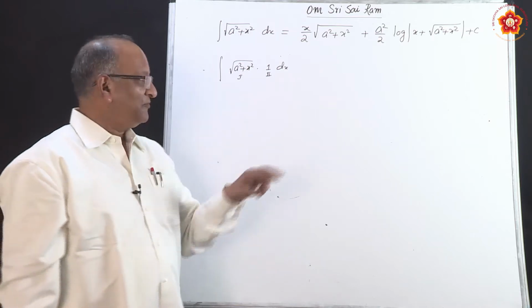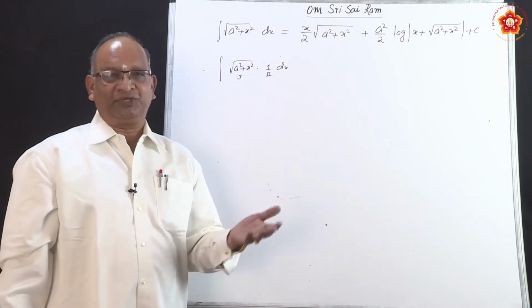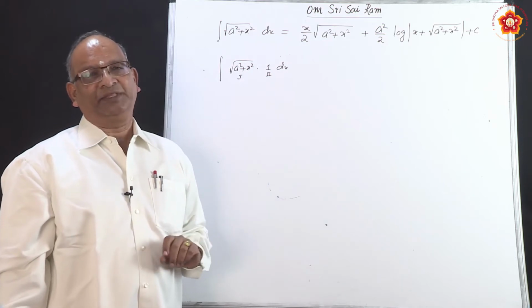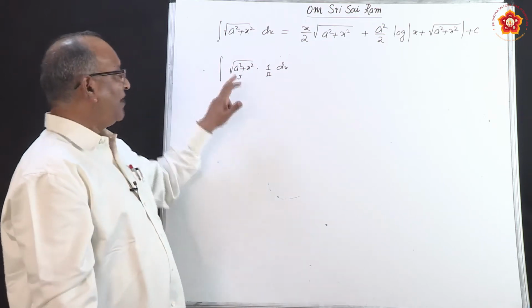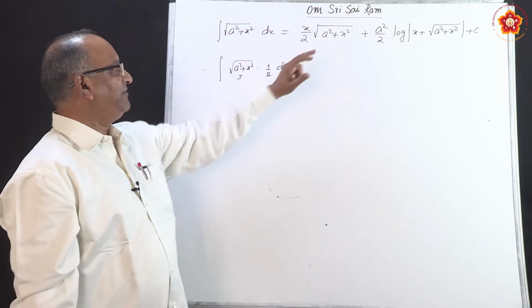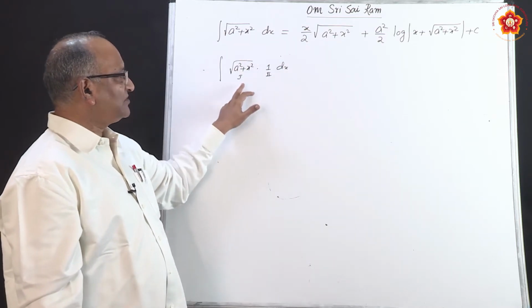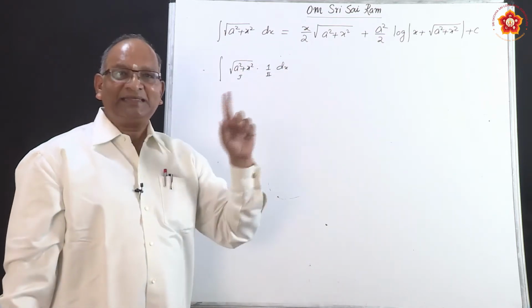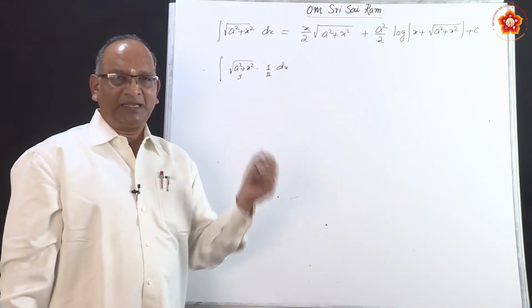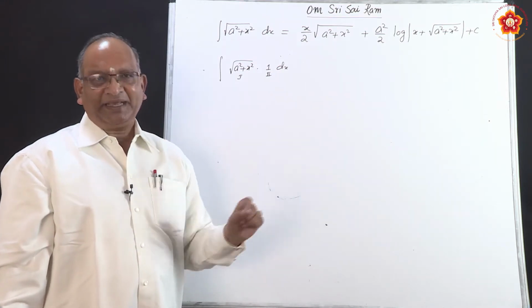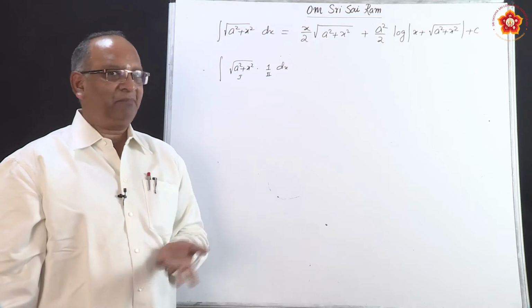If we find the derivative of 1, it becomes 0 and you will not get the required result. So whatever the function is, take that as the first function and 1 as the second function. We multiply by 1 so that it can be taken as the second function, and then apply.